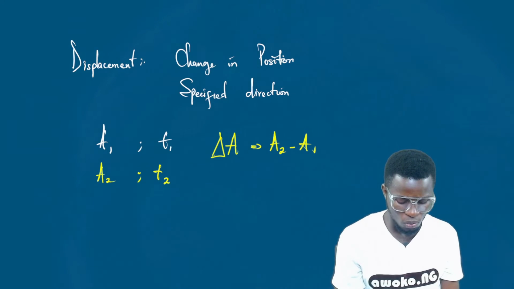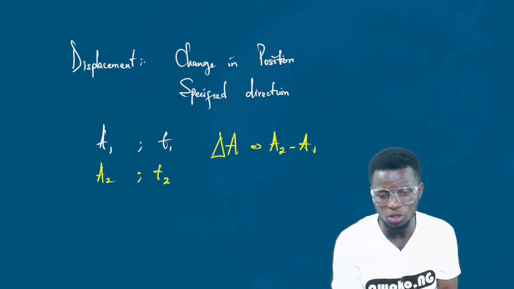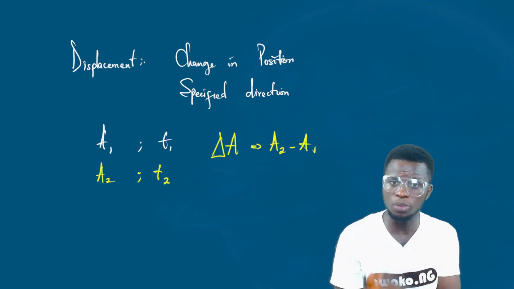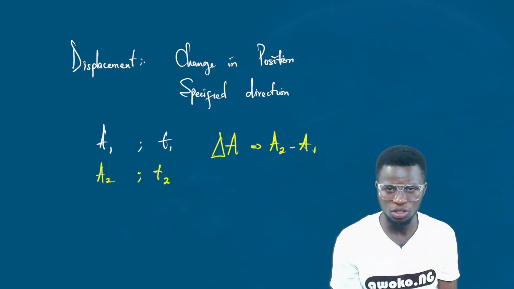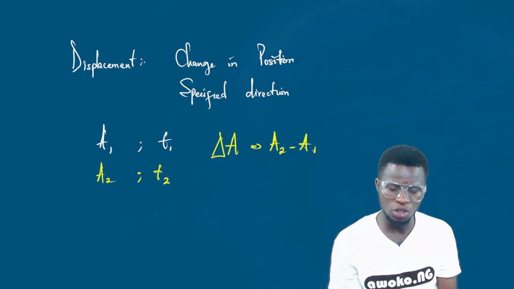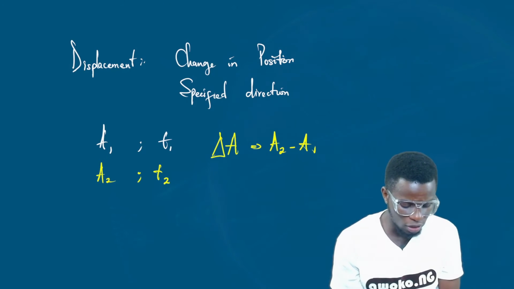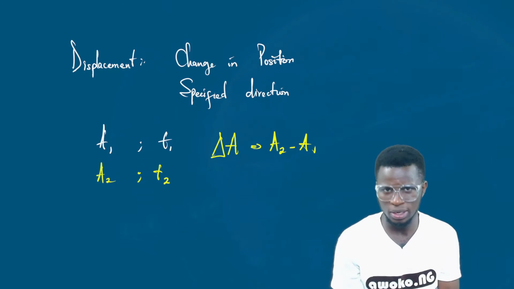Now, like we saw in the definition of displacement, it is the change in the position of a body in a specified direction. So the change in position we are talking about here is A2 minus A1.